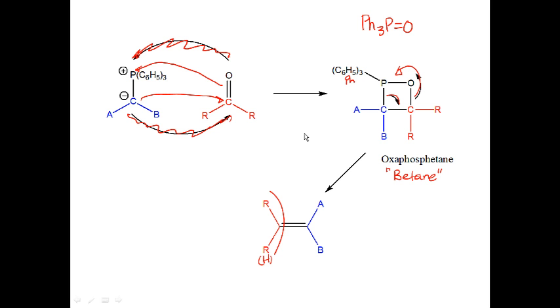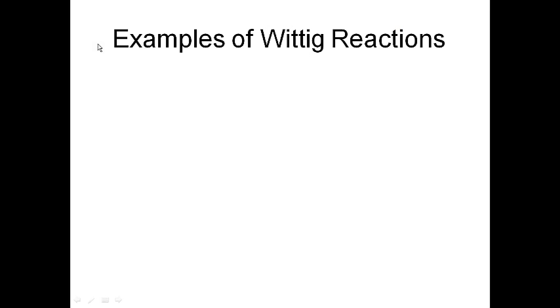This is a really useful reaction, the Wittig, because it allows us to bring two parts of a molecule together to directly form a double bond. There are different examples. Let's say I was to take something like cyclohexanone, and we wanted to add this.